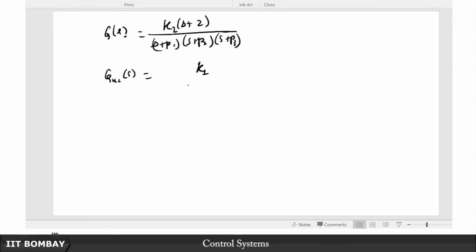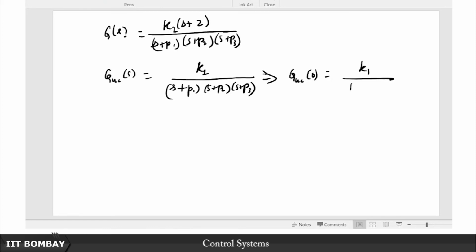So this is some k2. So it's not exactly an amplification of z. So you see this is s plus p1, s plus p2, s plus p3, right. So this implies that G uncompensated 0 was some k1 upon p1, p2, p3.